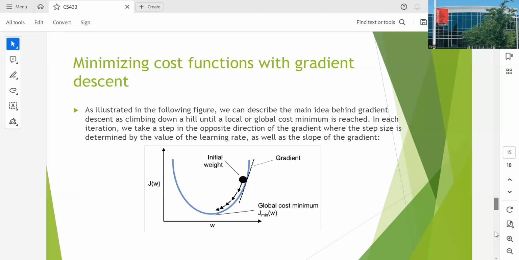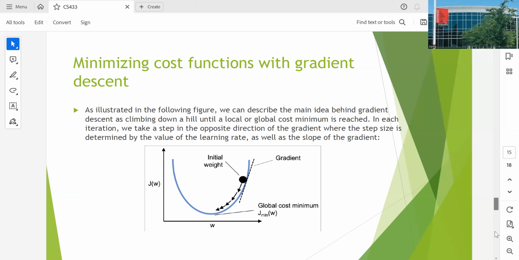Because it's quadratic, this is the cost function, this is the weight. So the relationship between the cost and the weight is quadratic. It's a parabola. Because it's a parabola, it will have a minimum value, the lowest point.